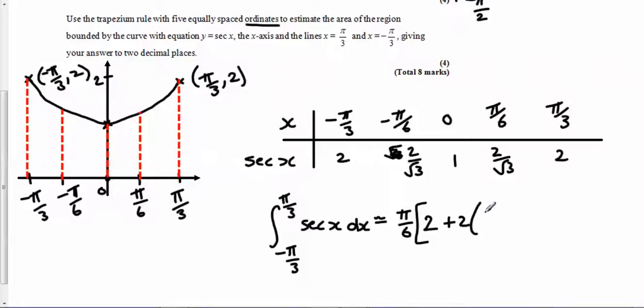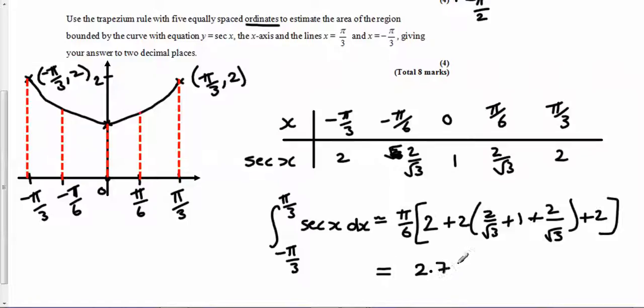So we're going to have the values of minus pi by 6, 0 and pi by 6, and then plus the other 2 on the end. And that gives us 2.78 to 2 decimal places. Feel free to check. And that's the answer that we're after.